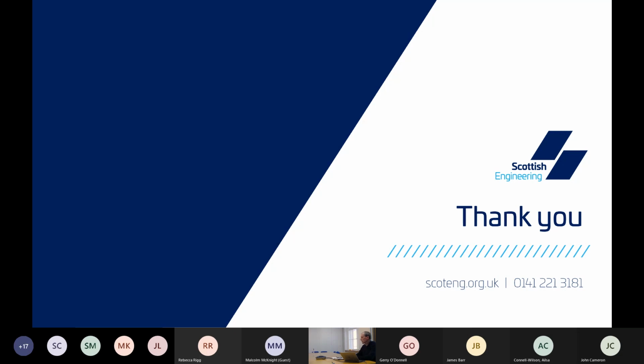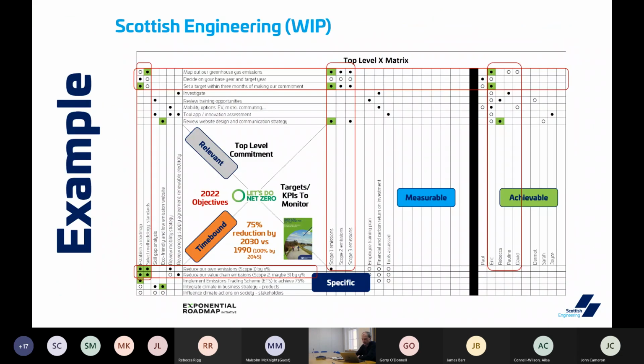Yeah, that could be a way to do it. And that's where I think the X matrix is quite interesting, because by writing that letter, it's what you're doing next year that's going to influence the long term.